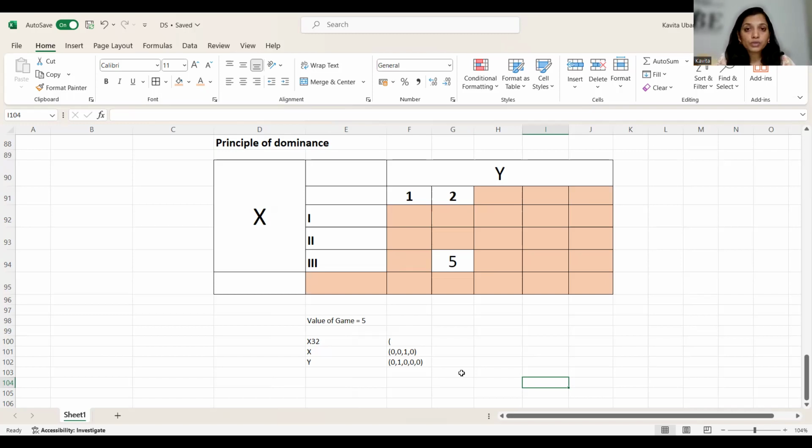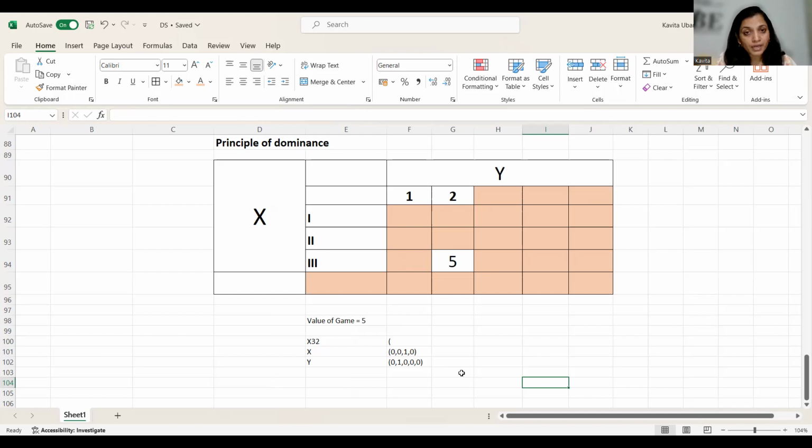What you need to remember, I'm just going to summarize this. There are two types of strategies, pure strategy and optimum strategy. Always remember that there are two methods to solve a game. First is by finding the saddle point of a game.